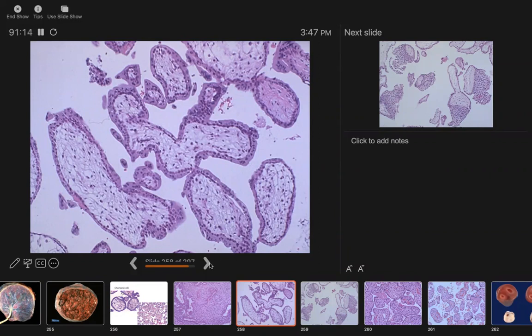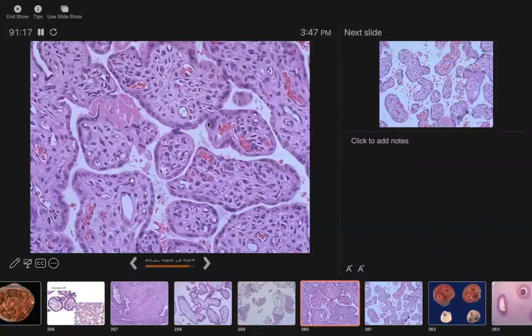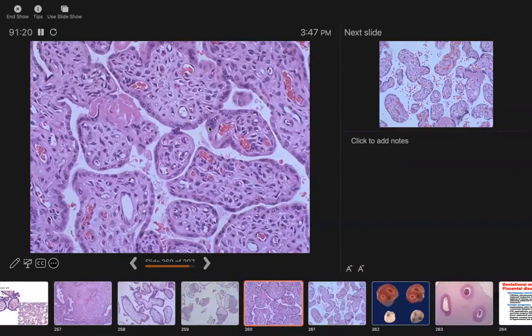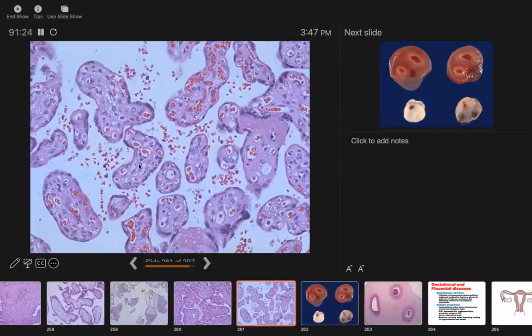As it matures, the villi tend to be almost of the same size, smaller, and more vascularized. That tells you that the placenta is mature, or third trimester.